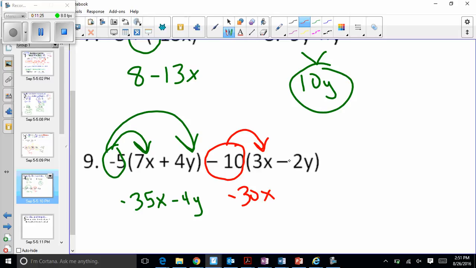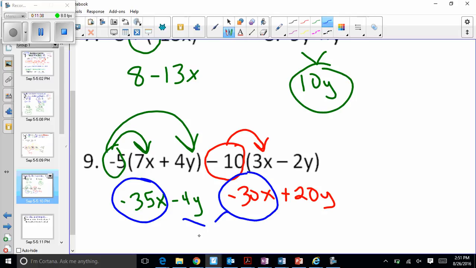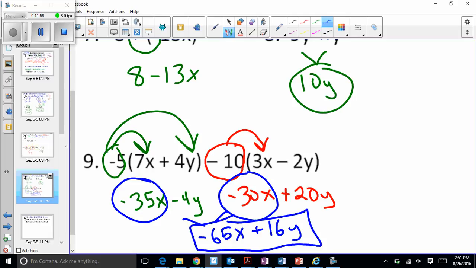It's a negative 10 times a negative 2y to actually make a positive 20y. From here, I combine a negative 35x with a negative 30x, and it makes a negative 65x. Then I have a negative 4y and a positive 20y. Those combine together to make a positive 16y. And that is my simplified expression.